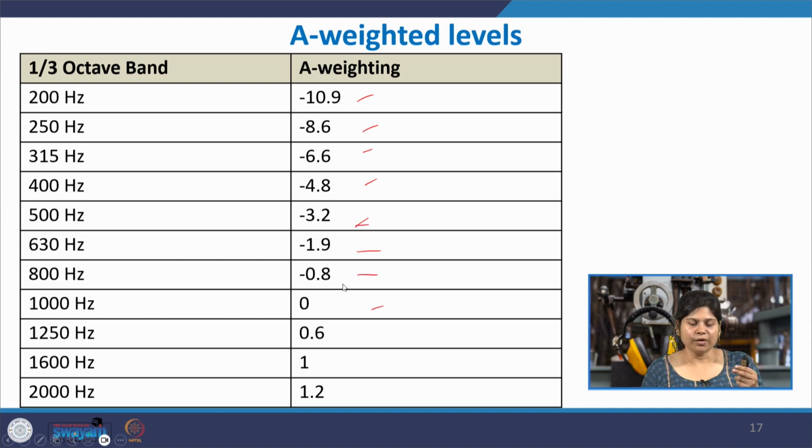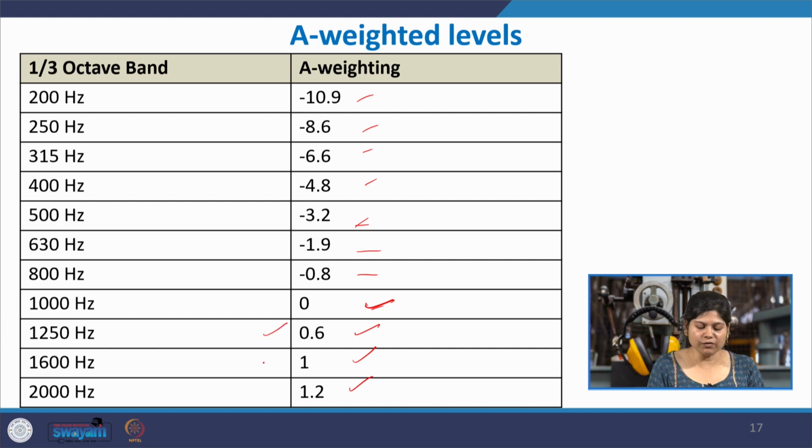The factor by which we are decreasing the actual level keeps reducing, and at 1000 hertz it is 0, no decrease, and then it is more sensitive in this range. So, instead of decreasing, we are now increasing the levels.